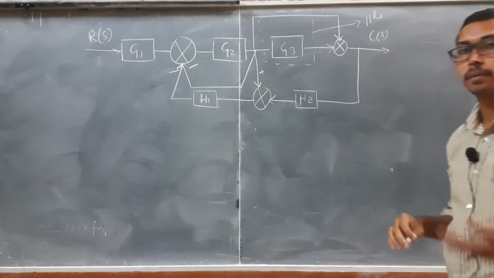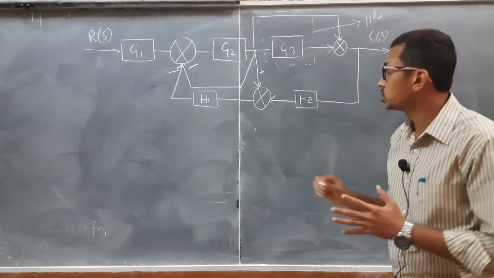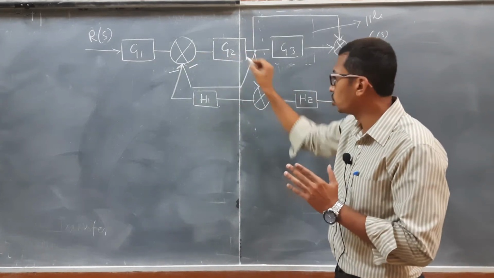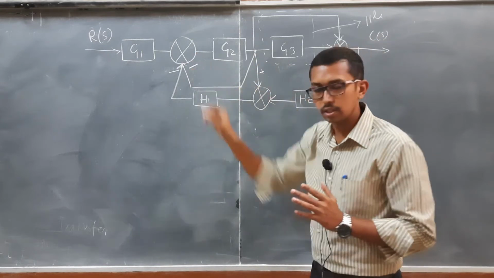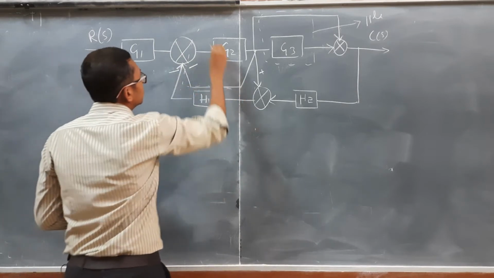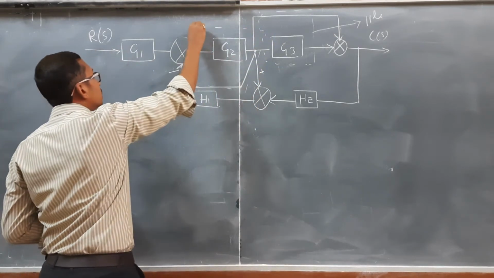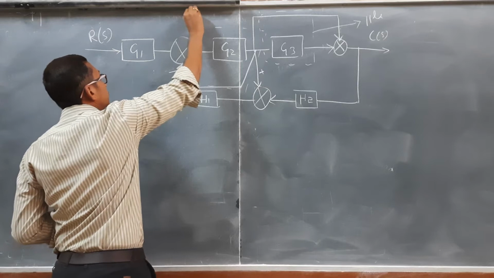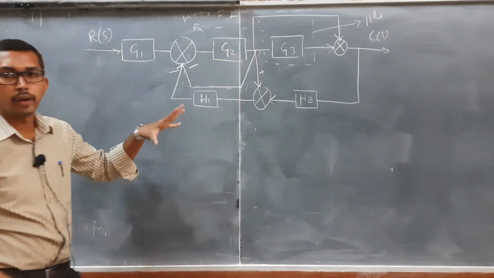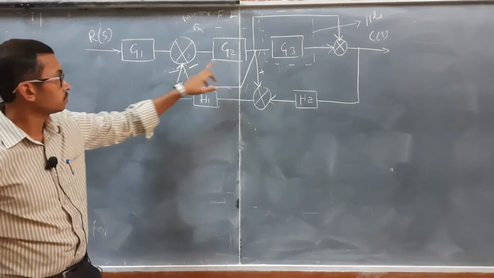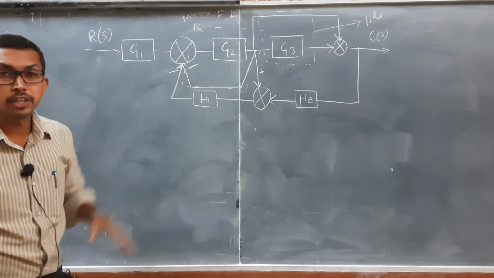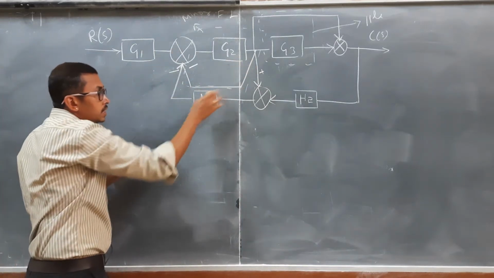Next, what else can I apply? Pay attention. Here I have one summing point, one block G2, and a feedback signal. This can be taken as a minor feedback loop. G2, the summing point, and a unity feedback signal.